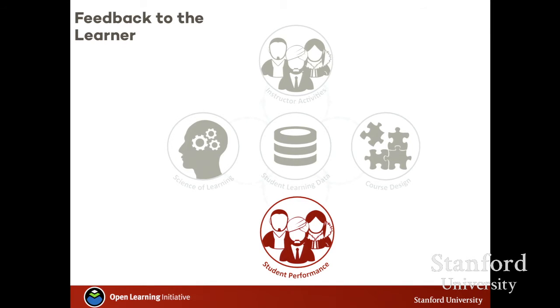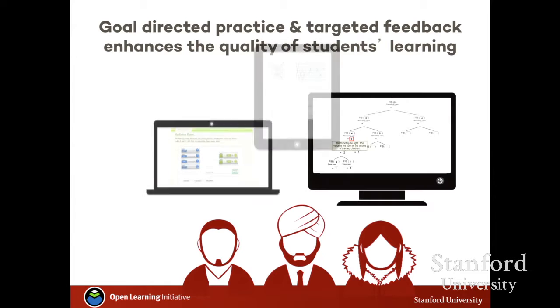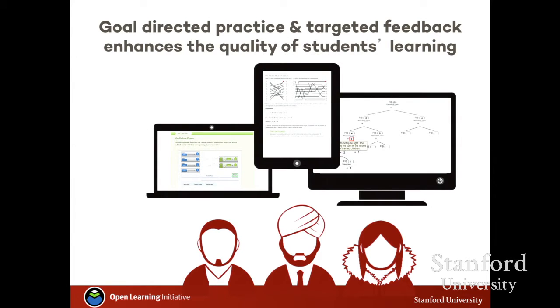So with the learner, we know that, for example, one of the things we know from learning research is rather than just lecturing at learners, giving them a goal, giving them directed feedback, and giving them practice enhances learning. So we can give them all kinds of interesting, authentic tasks, give them feedback based on how they're performing across multiple tasks.